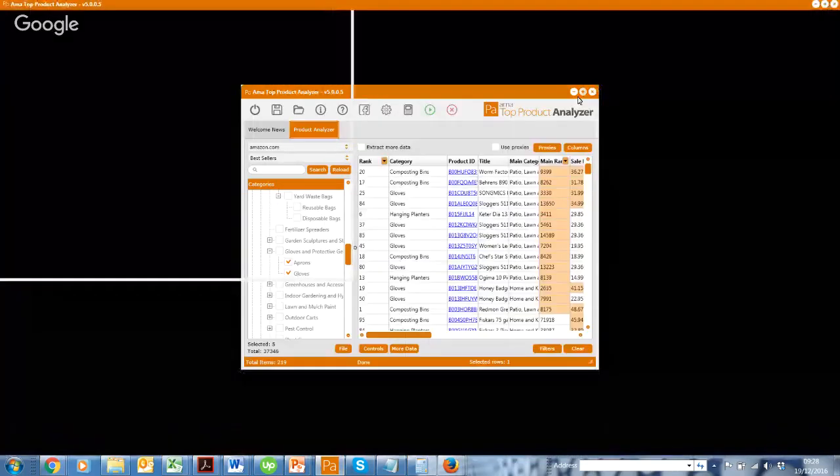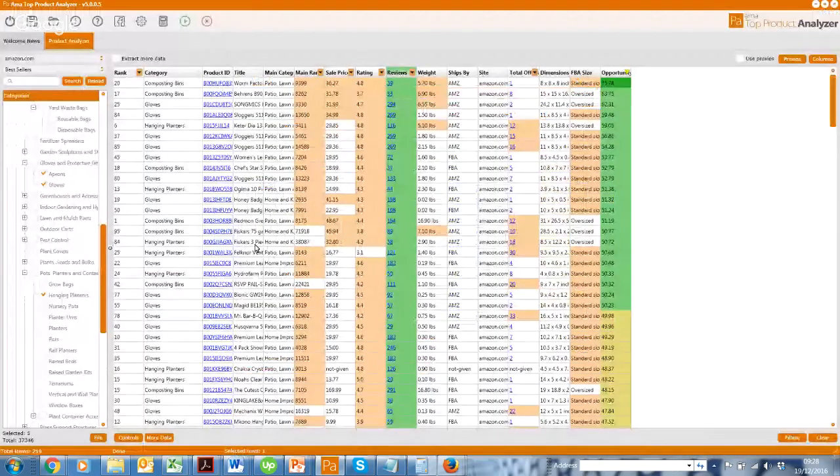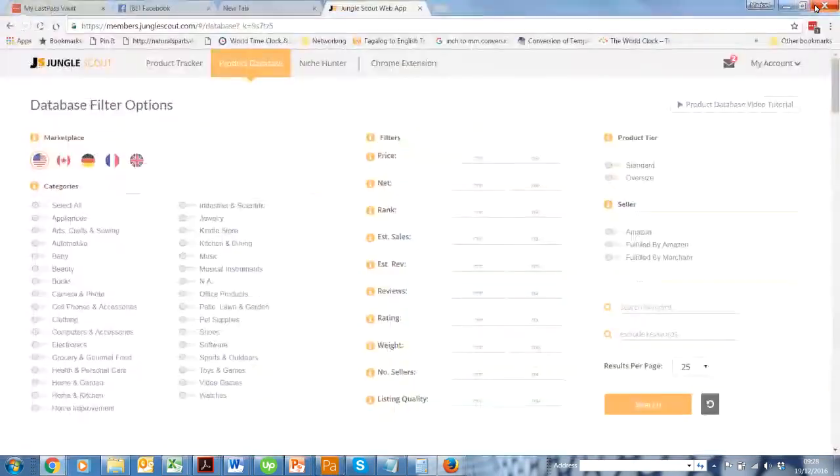It's the AMA Suite, and it's AMA Suite 5. I haven't quite got my head around it yet. I've only just been playing with it the last couple of days, but it's a totally different interface. It looks pretty good. So as and when I've got my head around that, we'll have a look into that in more detail. But for now, let's jump back into Jungle Scout web app.